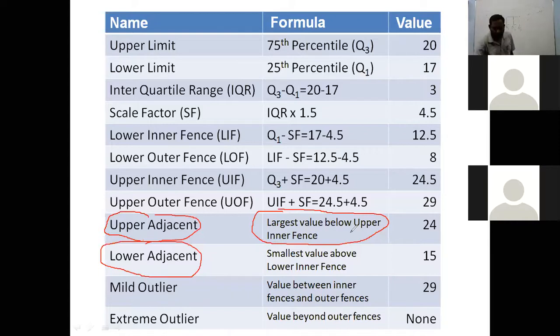Similarly, the lower adjacent value is the smallest value above the lower inner fence, right? Is it clear? It is the smallest value above the lower inner fence.